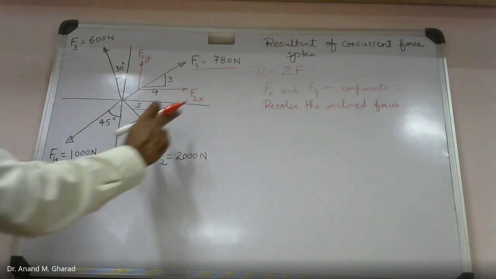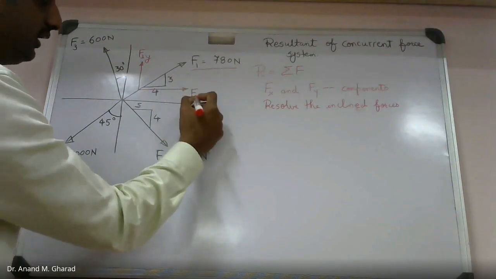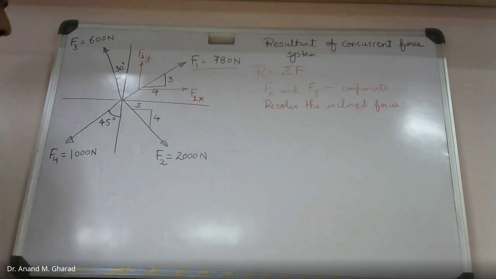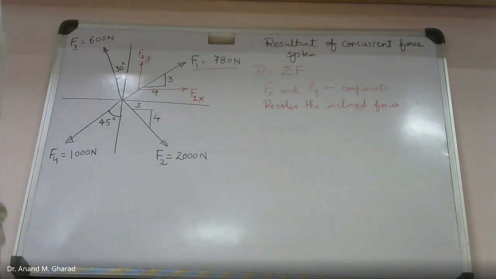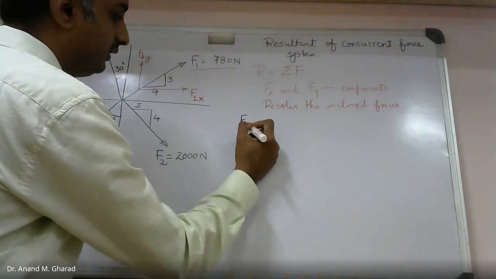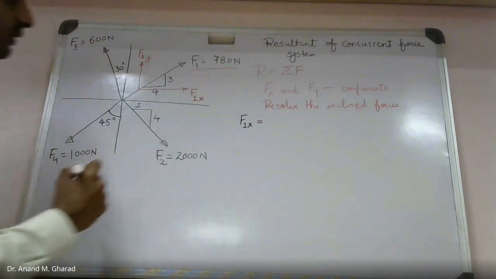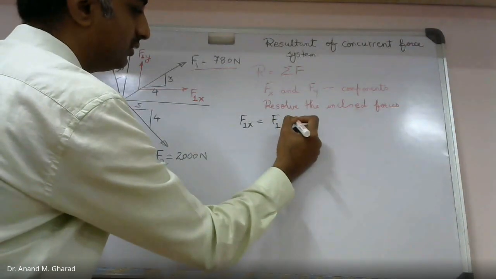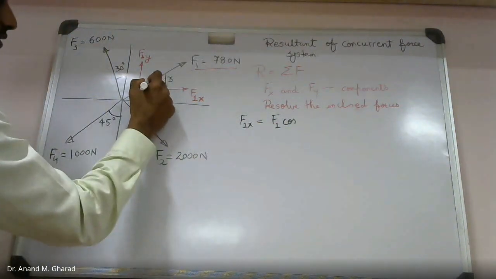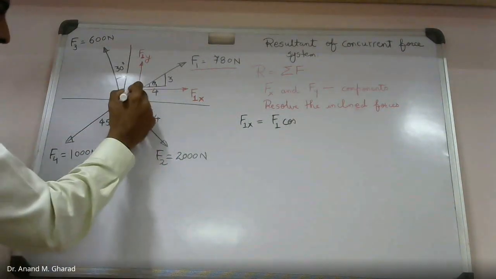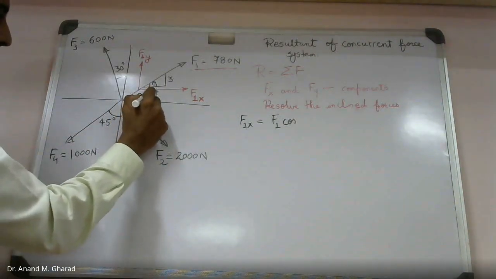Okay. Now, how to find out the F1x and F1y value? So we know from our earlier explanation, I have told you that the x component shall be F1 cos of, let's say, theta 1. I am calling this angle theta 1.